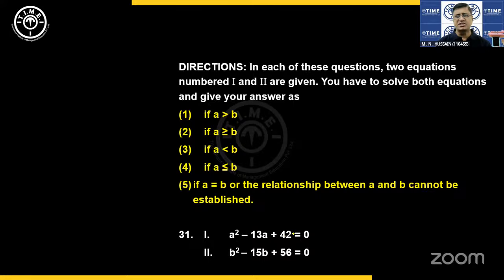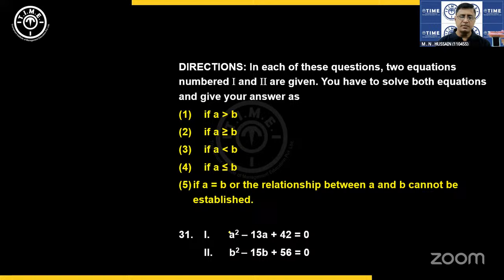Look at this one. What is the first step? Multiply the x square term with the constant. Step number 2: express the above value as a product of two factors whose sum or difference is equal to the middle term. The third one is simplification.